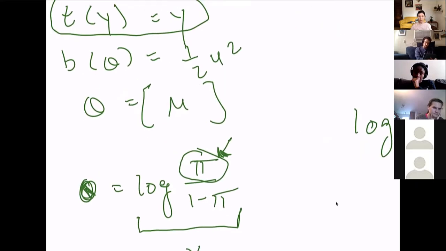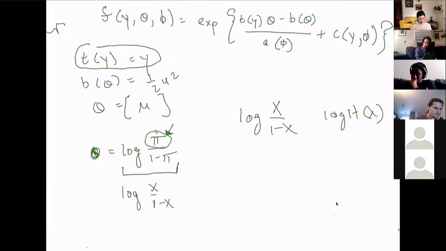It's called the identity link, meaning it's just itself. So it depends on the distribution that you're using, and I'll go through a couple other examples on Tuesday.